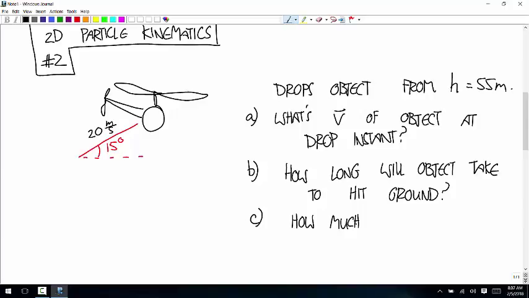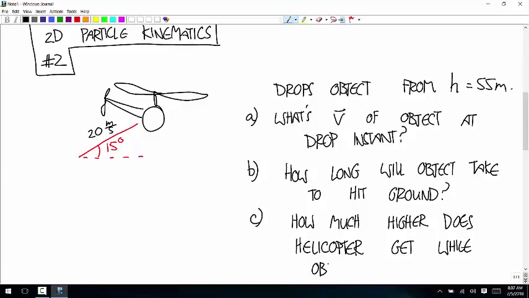Yes, that's right. So at this one, we'll figure out the velocity vector of the helicopter, and then that's going to be the initial velocity of the object. How much higher does the helicopter get while the object falls?